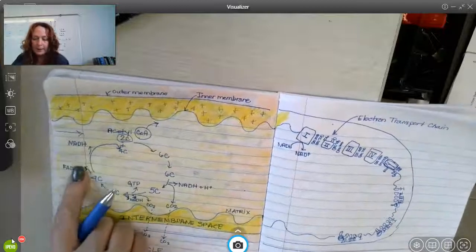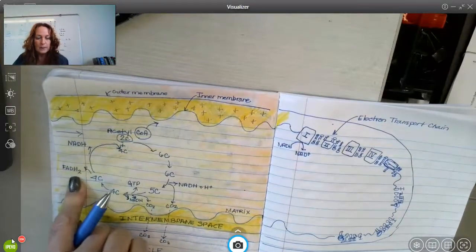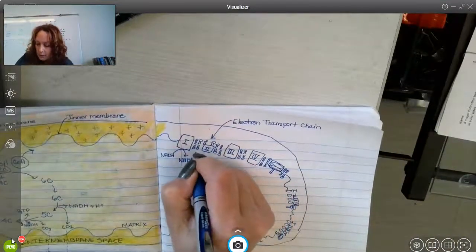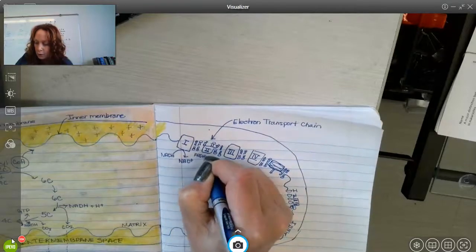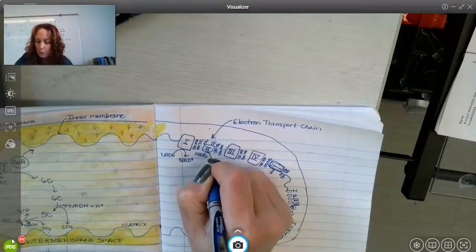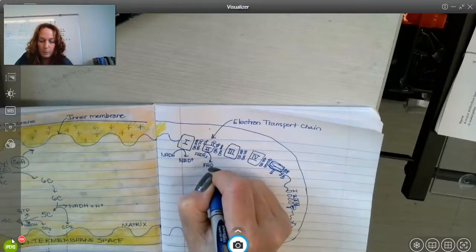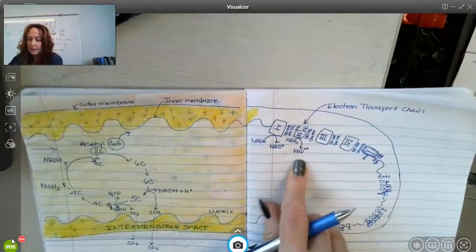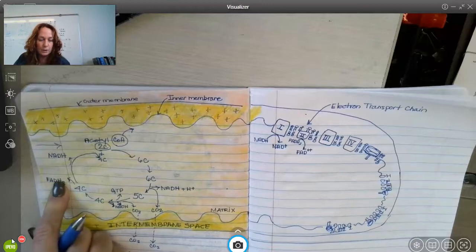Then we said we had a new electron carrier buddy, a new bus. It has its own parking space at 2. So FADH2 parks at 2. It empties its bus, and it's now empty and can go back over here and pick up more electrons.